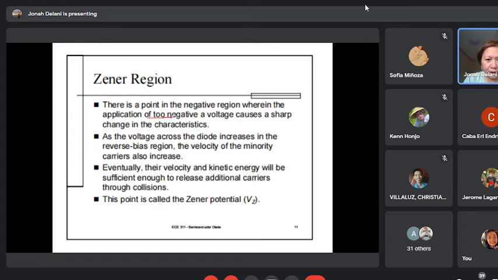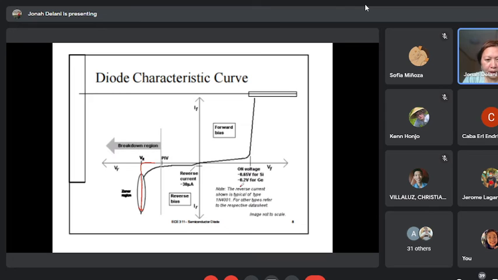If it is too negative, a certain voltage causes a sharp change in characteristic. There would be a release of carriers, which explains the current at this part here.